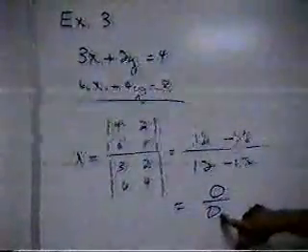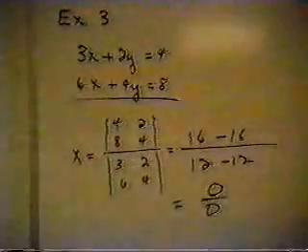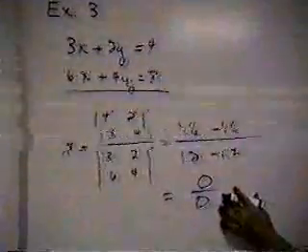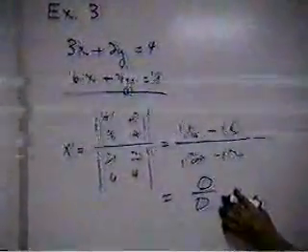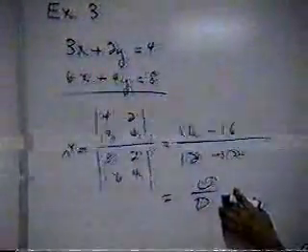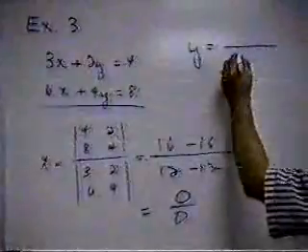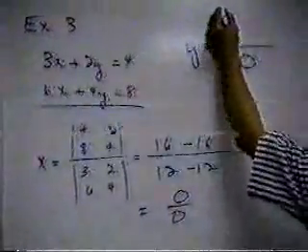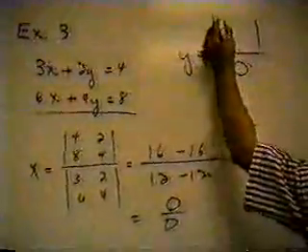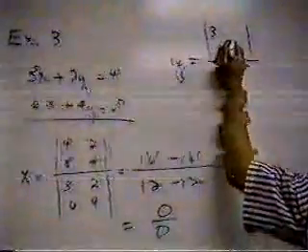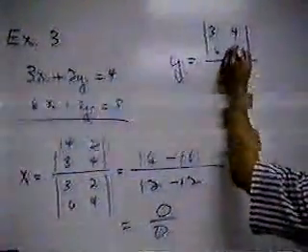Remember, we can't divide by 0, so we've got to worry about that. So let's leave that like it is. And now let's go back and solve for y. Okay, solving for y, denominator 0. What's the numerator? Numerator is, we write down 3, 6, and replace the y with the 4 and 8.